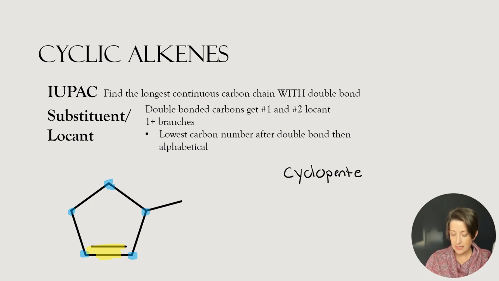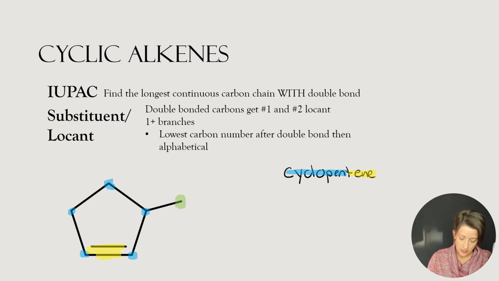Therefore, the suffix gets the ene, so cyclopentene. However, as we can see, we do have a substituent off of this ring. In our cyclic alkenes, the double bond has precedence over our alkyl branches, which means the double bonds will always have carbon number 1 and 2. So you want to number in the direction that will give the branch the next potential lowest value.